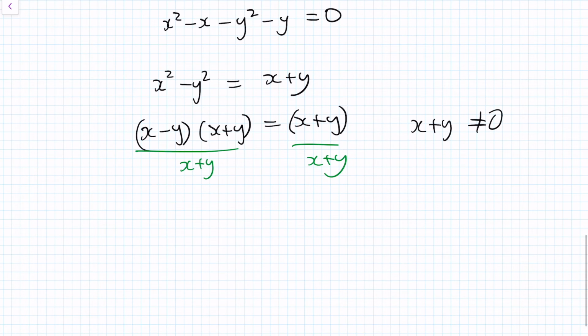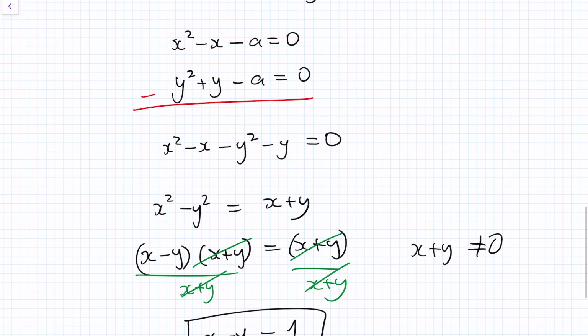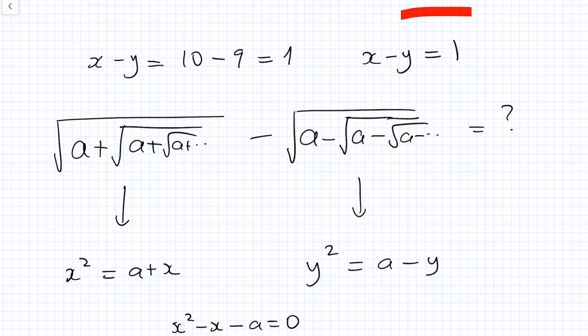That means we will get 1 on the right hand side, and this will cancel, so we have x minus y is equal to 1. And notice we achieved this considering an arbitrary number a. Okay, so I'm not sure if this general proof holds for any number. I consider a to be a real number.